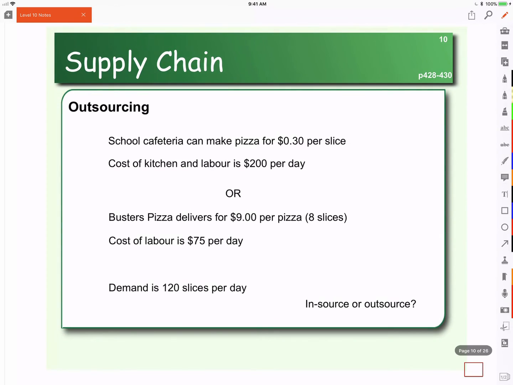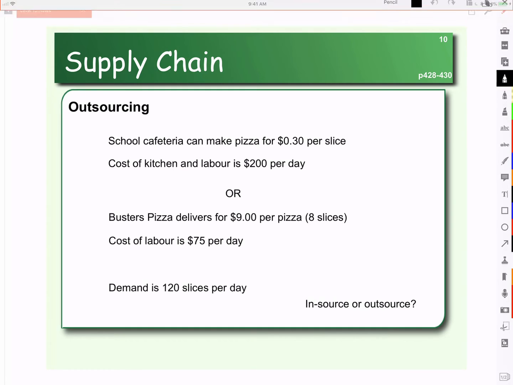And in the school cafeteria, you can make your own pizza for 30 cents a slice. The cost of kitchen and labor will be $200 a day. Or we could outsource the manufacturing of pizza to, let's say, Buster's Pizza, and let's say they can deliver for $9 a pizza. There's 8 slices in a pizza, and the cost of labor is $75 per day.